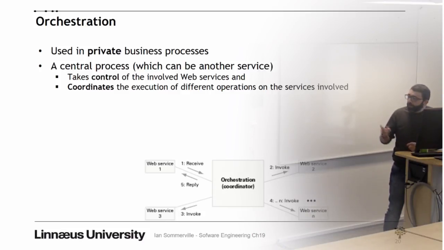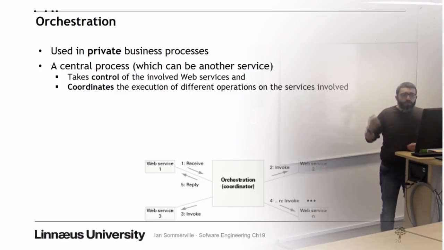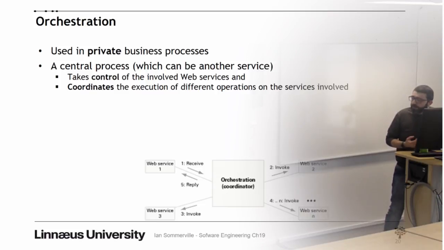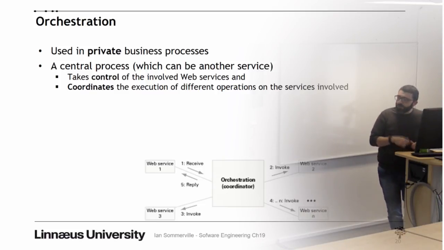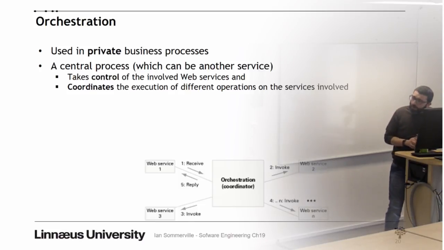For example, we have this central orchestrator, which can be our own service, that first interacts with the SAS service in order to book the flight. Then once we get some result from this web service, we invoke the second service, the one from booking.com, for example, for booking a hotel.